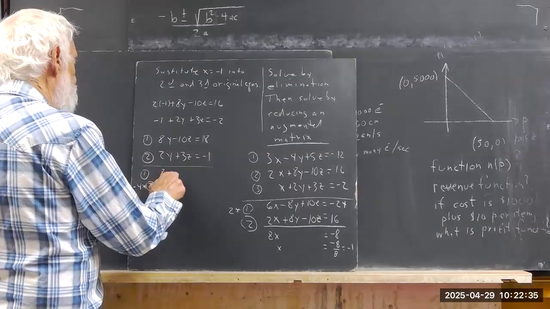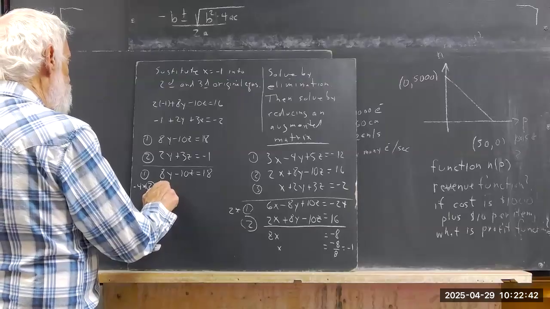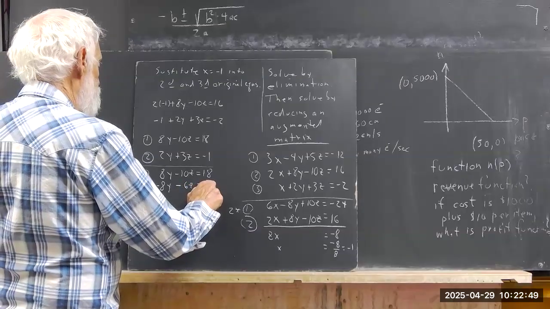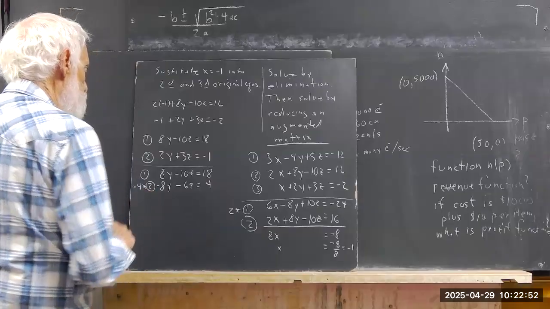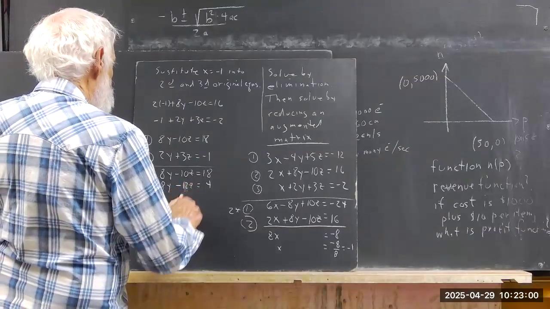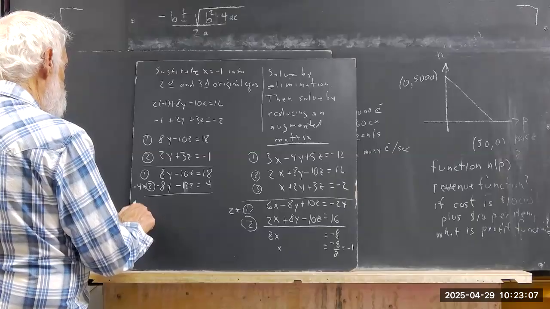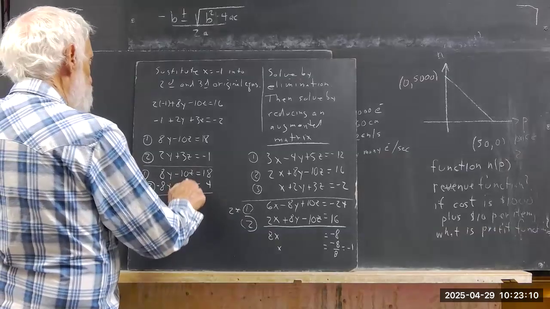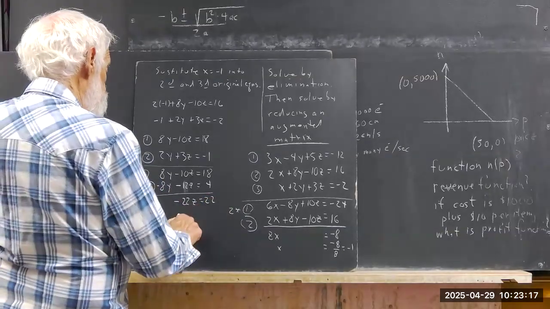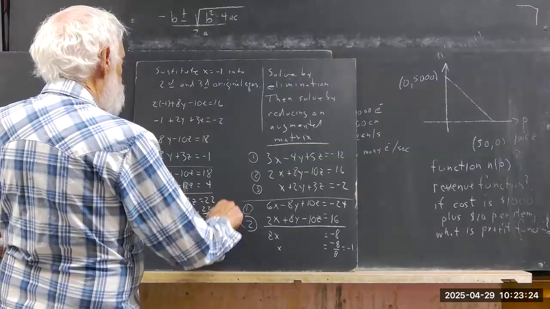So we're going to have 8y minus 10z equals 18, and -8y minus 6z equals -16. Adding, we get -22z equals 22. Then z equals 22 over -22, which is -1.